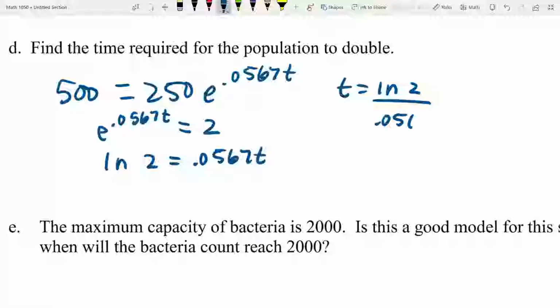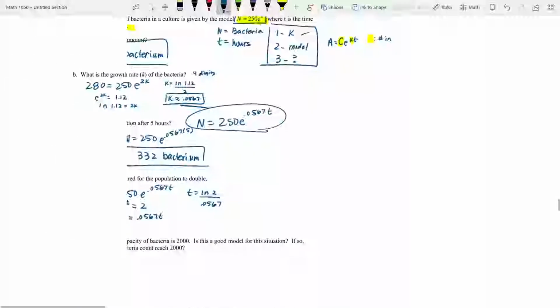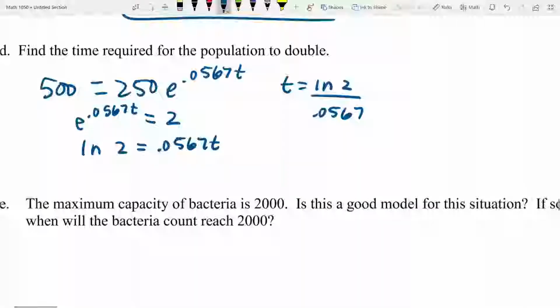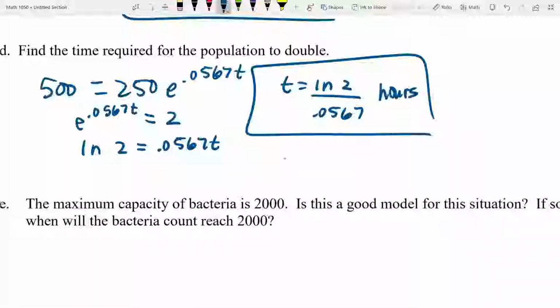Divide ln 2 by 0.0567. If they asked you to write that in exact form, that would be your answer, and this is hours, that's exact. If they asked you to round, let's say, to 2 digits, then you'd go ln 2, close it off, divided by 0.0567, hit enter.